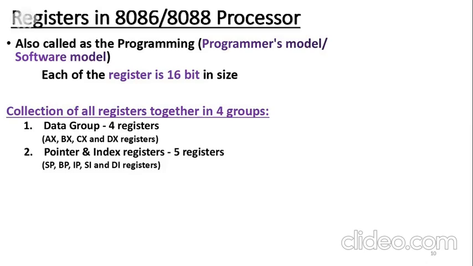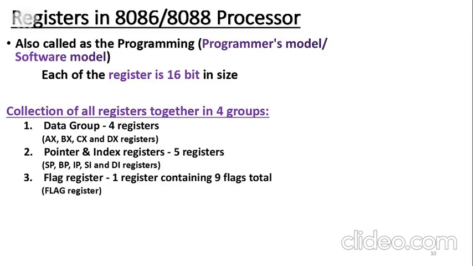It contains a total 5 registers: stack pointer SP, base pointer BP, instruction pointer IP, source index SI and destination index DI register. Then next is a single flag register. It is only one register in this group, but it contains total 9 flags.